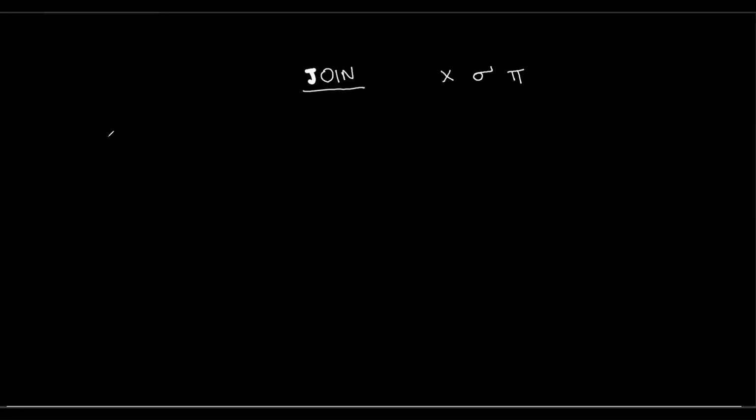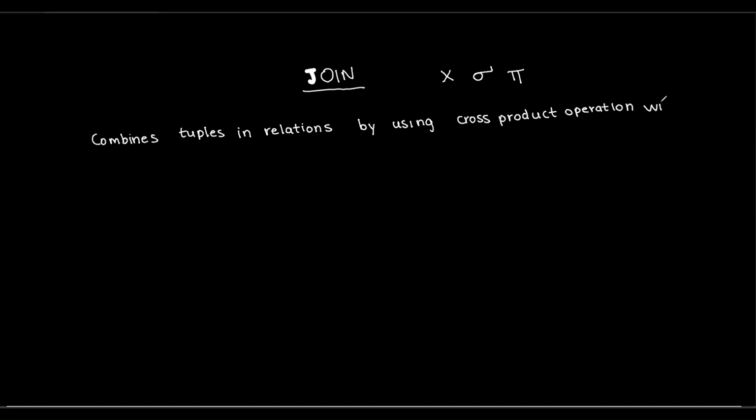Well, join combines tuples in relations by using the cross product operation with a selection condition.